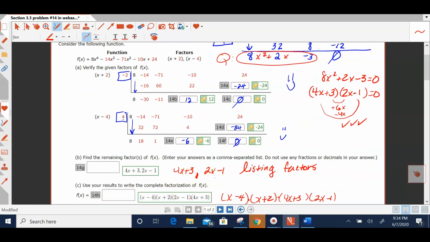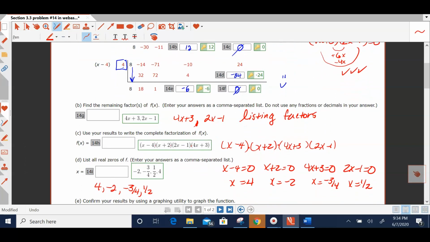Read the directions carefully. Enter your answer as a comma-separated list. So I need a comma between those, and I don't need any parentheses. Now, if they ask me to write the factorization, then I do need my parentheses.